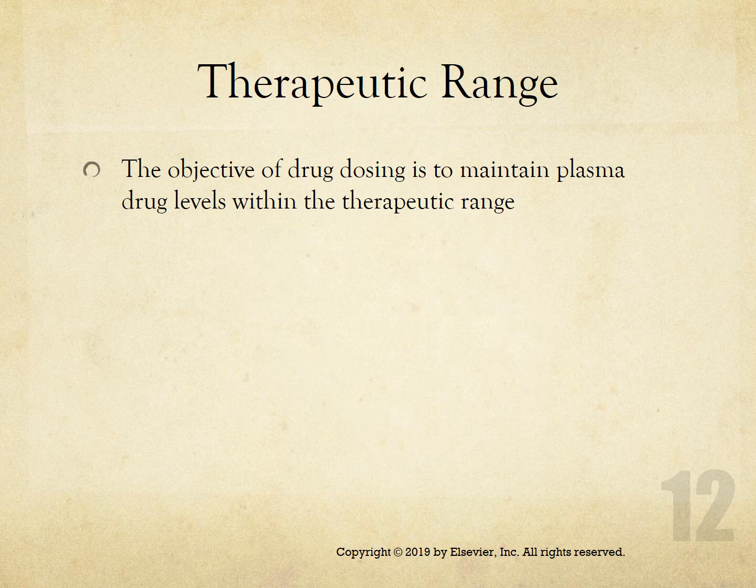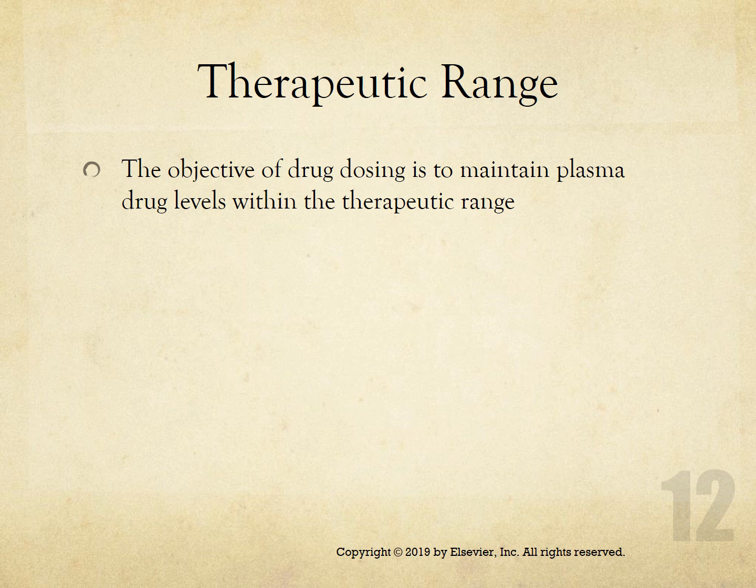Another concept to think about is the therapeutic range, and the objective of the drug dosing is to maintain the plasma drug levels within the therapeutic range. So, that's really been a job of the drug companies to figure out how often a drug should be given in order to maintain that therapeutic level.